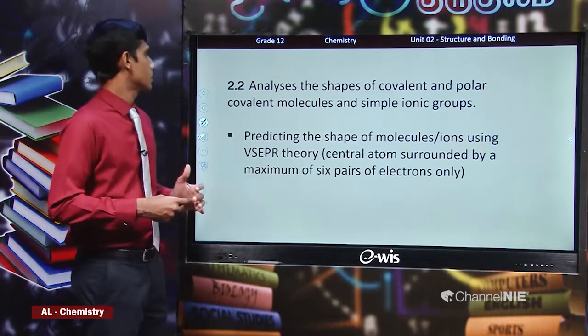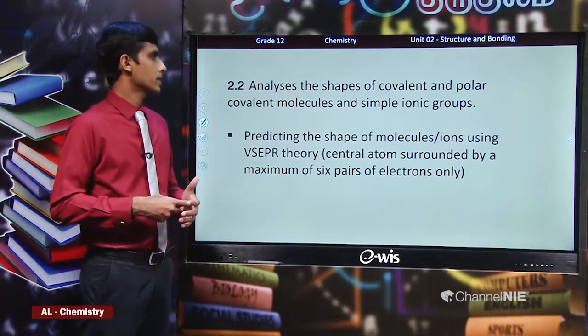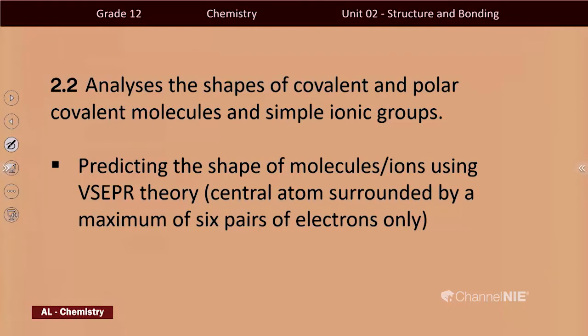Under 2.2 we discuss the shapes of covalent and polar covalent molecules and simple ionic groups. Under that, today I am explaining the shapes of molecules or ions using the theory called VSEPR theory.